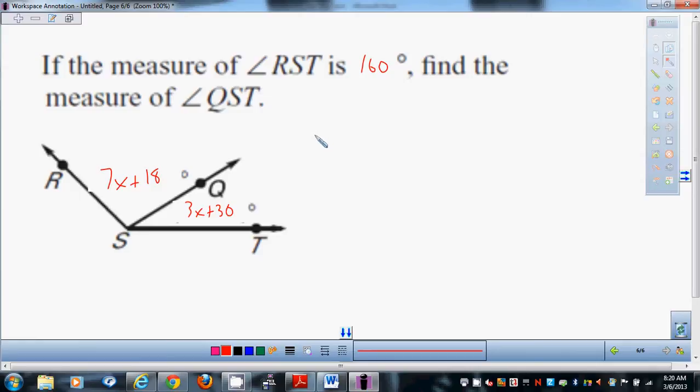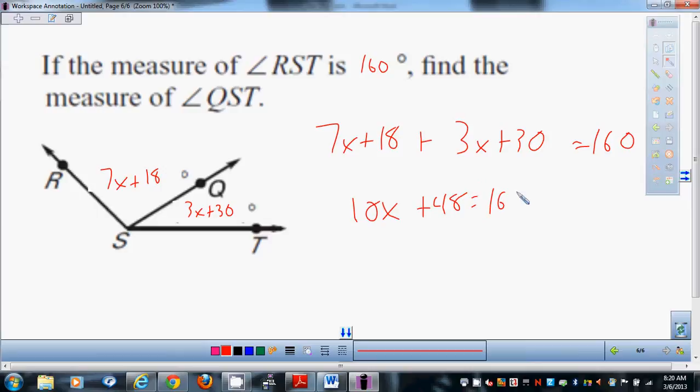Angle addition. 7x plus 18 plus 3x plus 30 equals 160. So that's 10x plus 48 equals 160. Now, I apologize for all the decimals we're getting, but I made these up. So how do I solve from there, Sage? Very good.